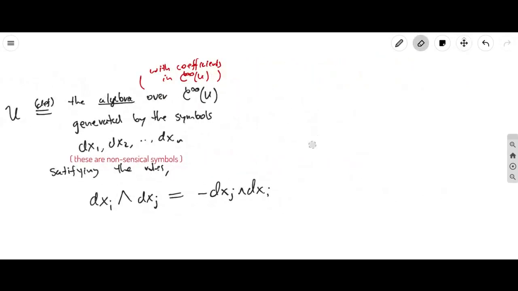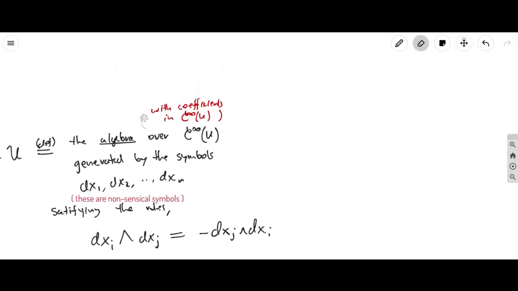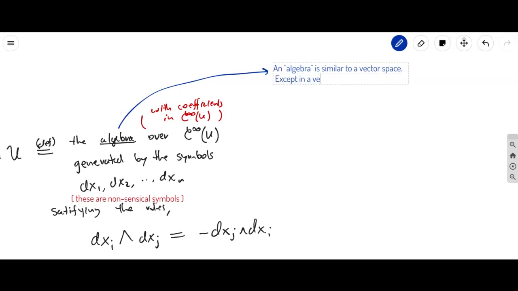So what is an algebra? Let's just say what that is. An algebra is similar to a vector space, except in a vector space, vectors can only be added but not multiplied.